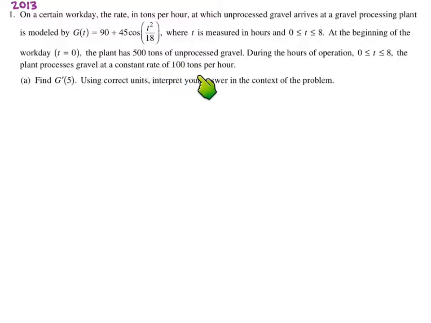So again, this is a rate here. This is a function, a constant function, but it's a function that represents the rate at which gravel is being processed. In other words, it's the rate out. So G of t is the rate in, and 100 tons per hour is the rate out. So keep that in mind as we go through this.